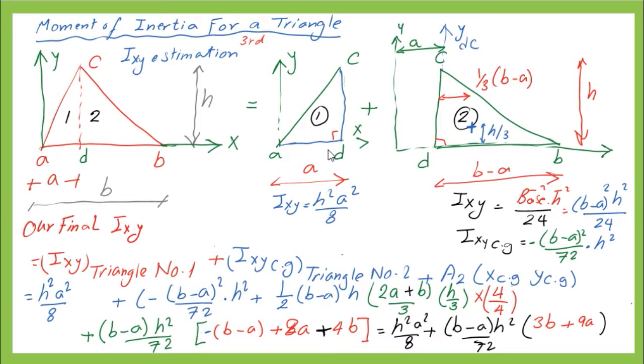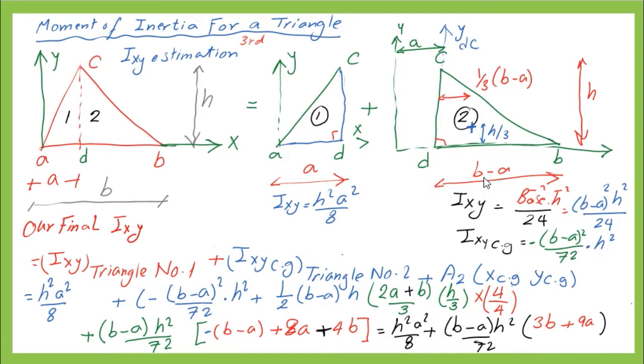From the previous calculations, we have IXY for the first triangle, estimated for axes X and Y passing by the left at the intersection of the hypotenuse to the base, and the value is equal to H squared multiplied by the base squared divided by 8, and our base in that case is equal to A, so we have the expression of IXY equal to H squared by A squared divided by 8.